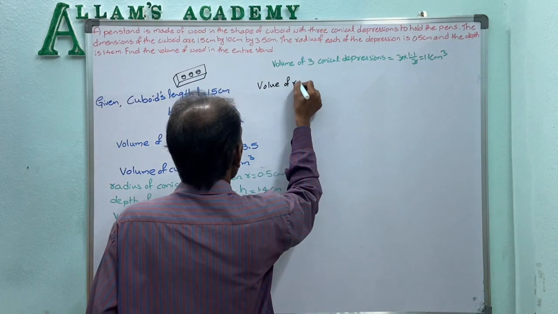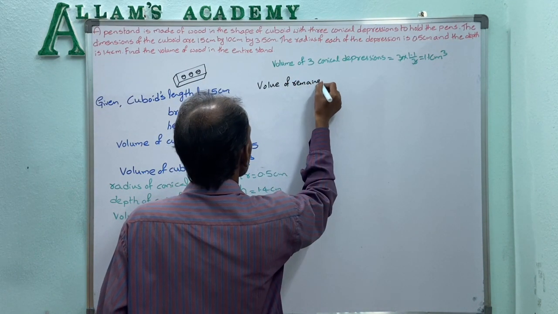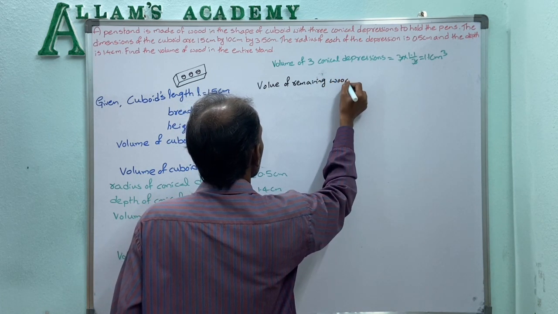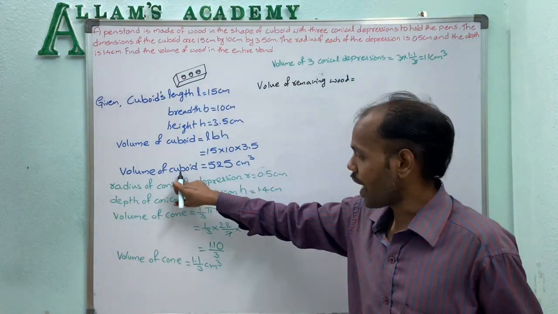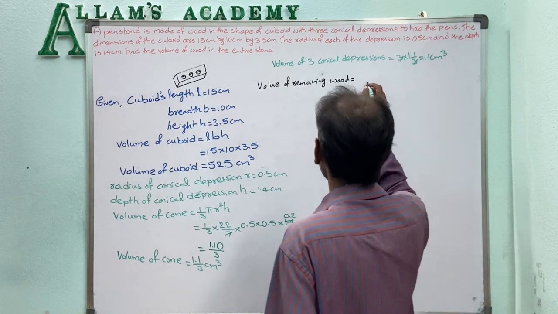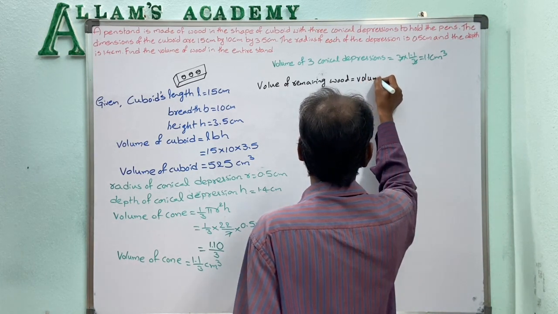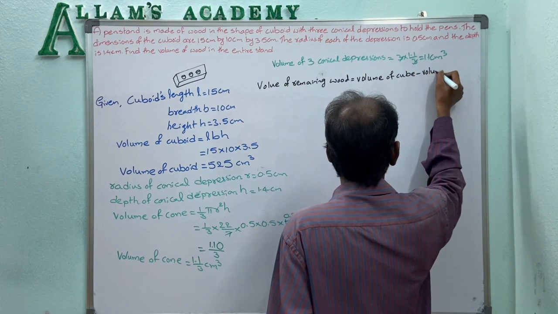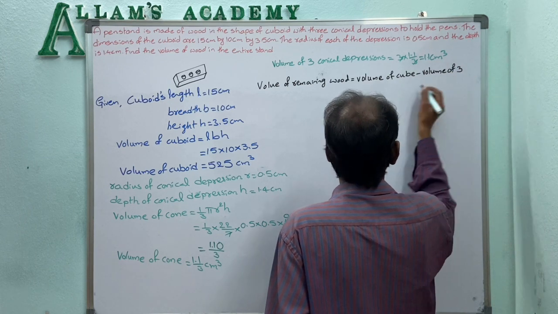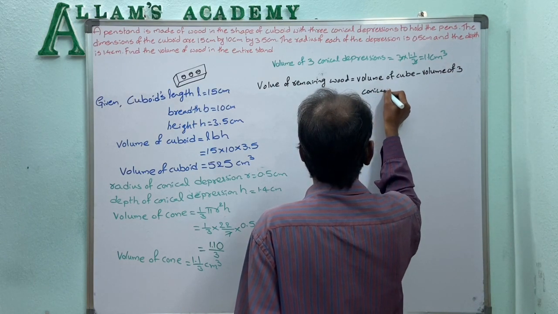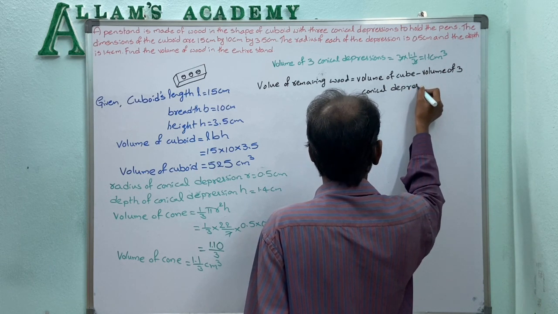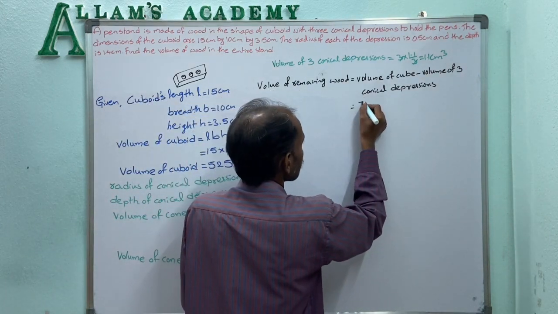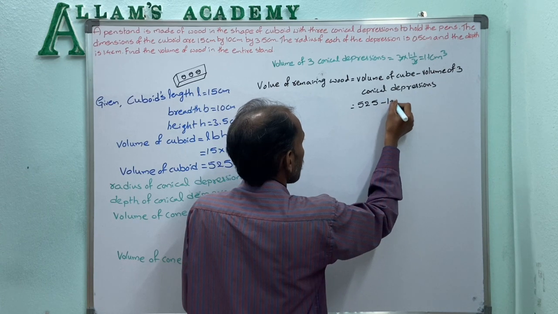The volume of remaining wood is equal to the volume of the cuboid minus the volume of 3 conical depressions, that is equal to 525 minus 1.1.